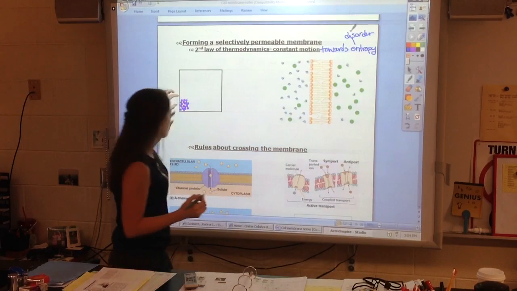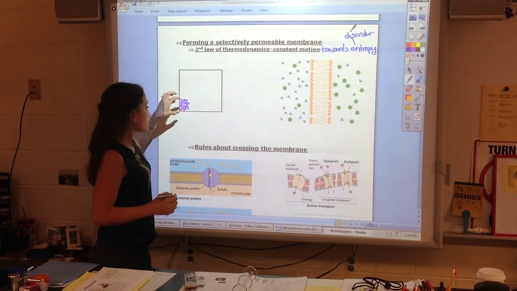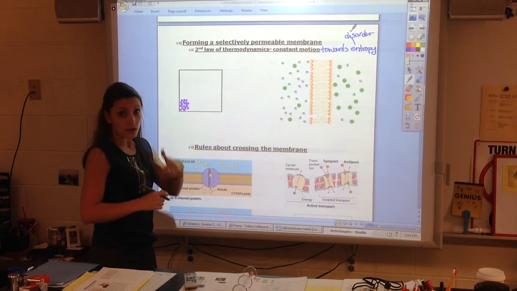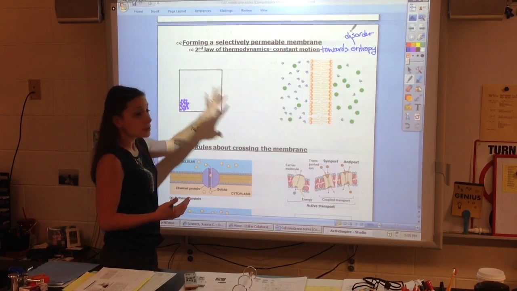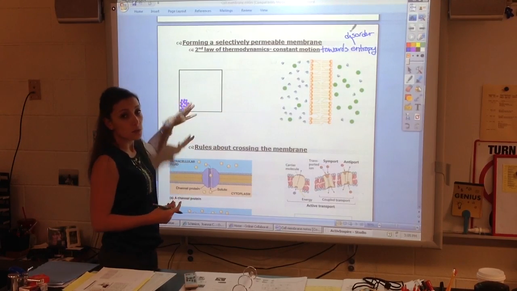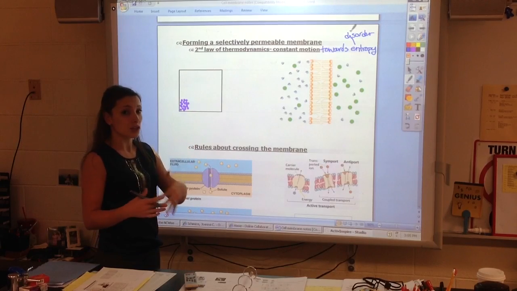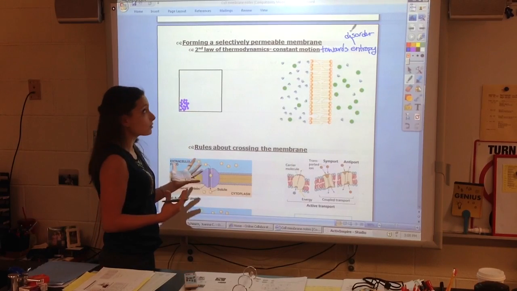Molecules do not usually stay in one place. Now, if you're a solid and you're connected to each other, that's different. But in liquids and gases, the molecules have enough energy that they're actually moving around.